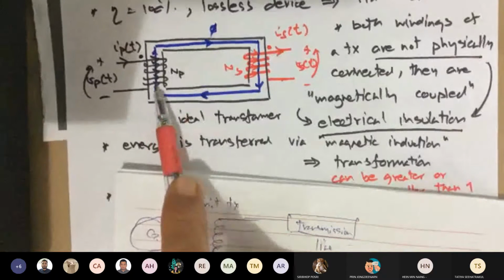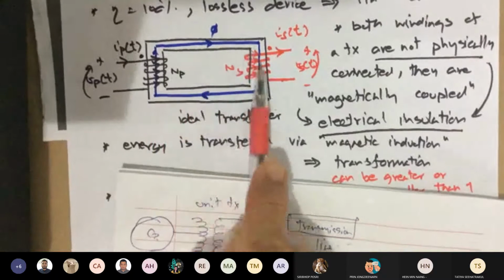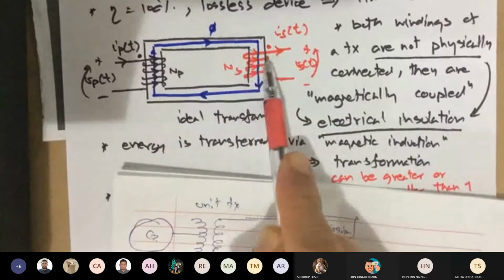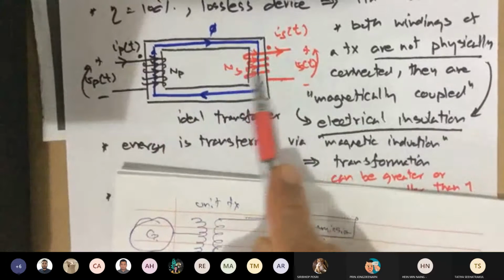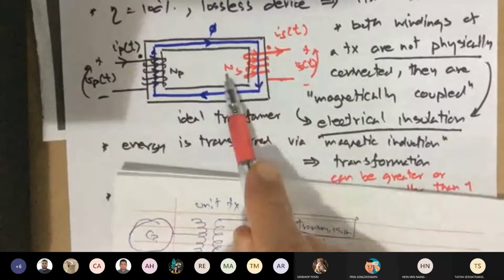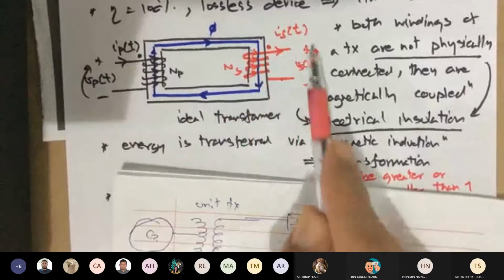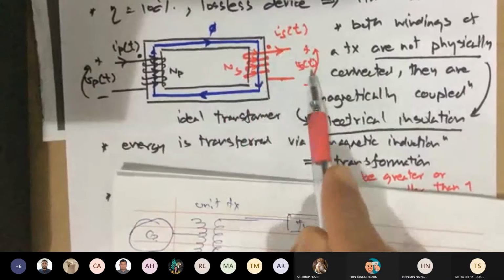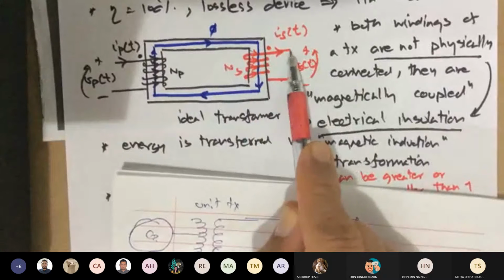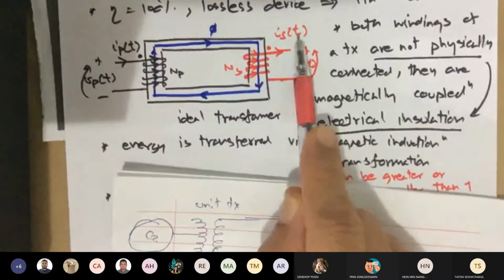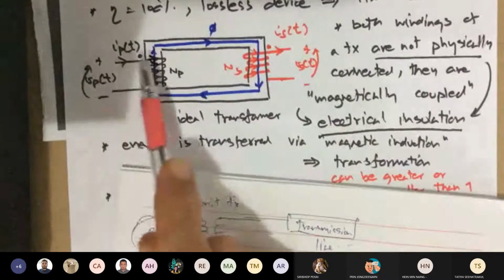This coil will generate a flux, in the blue here, linking to the second coil, which is the secondary, in the red here, with N sub S turns and the voltage V sub S, where the current is going out, ready for the load, I sub S.